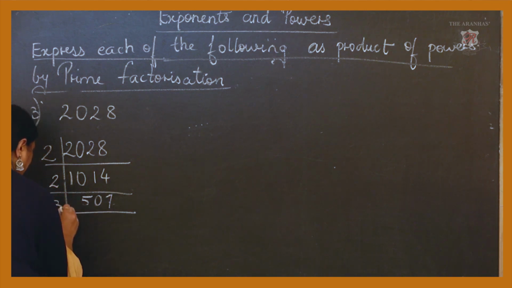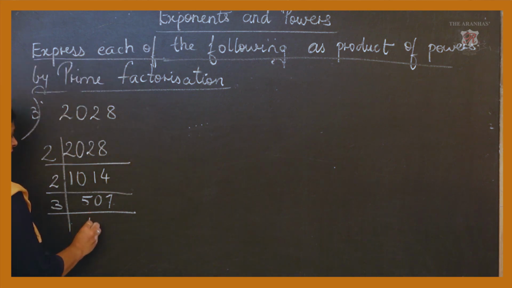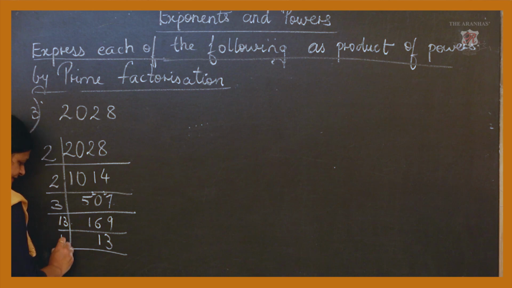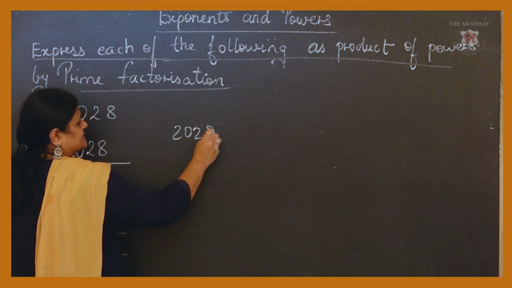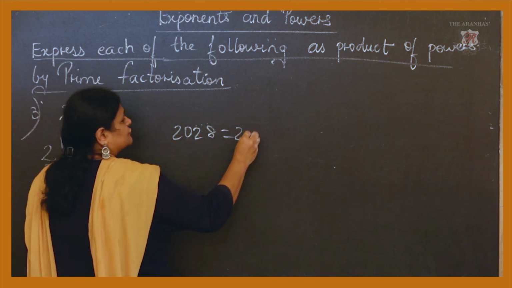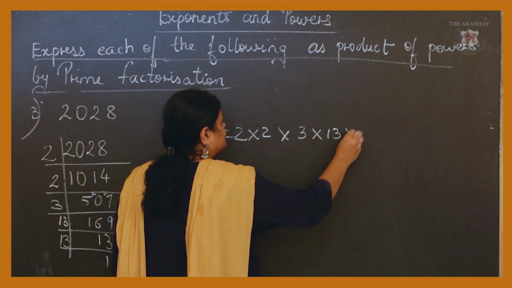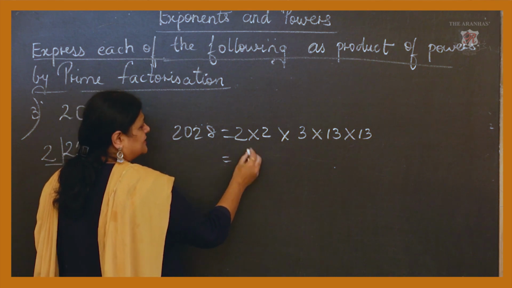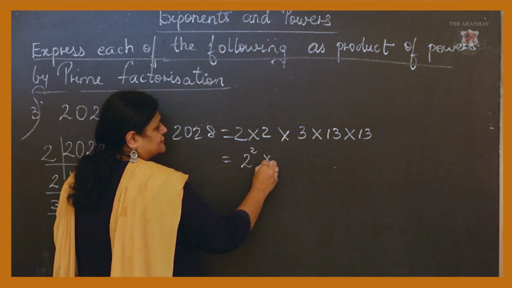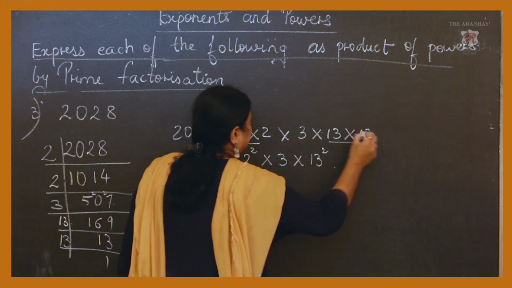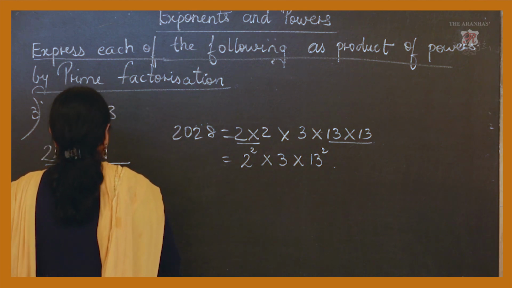Then here 3 1s are 3, 3 6s are 18, 3 9s are 27, 13 13s are 169, 13 1s are 13. So here your 2028 is equal to 2 into 2 into 3 into 13 into 13. That is equal to what? 2 the whole square into 3 into 13 square. So this will be your answer for this particular sum.